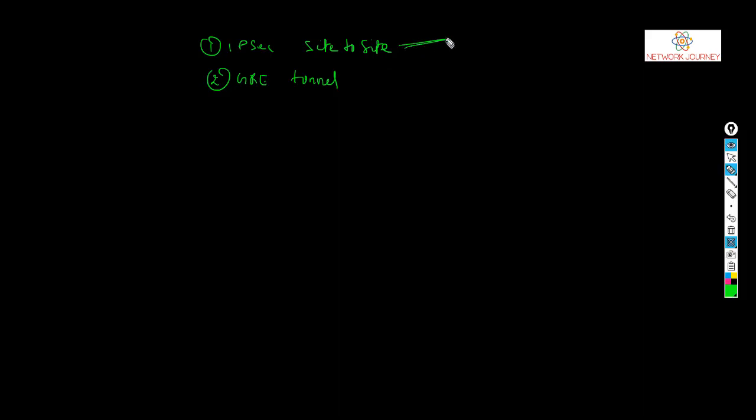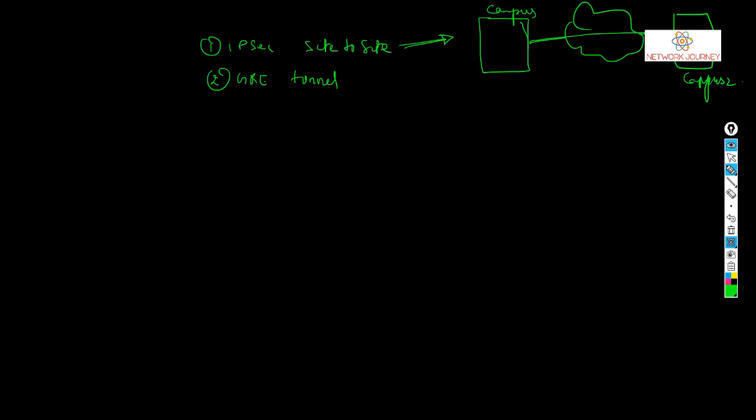So basically, if you want to connect two sites or two data centers or two campuses over the internet, we just make use of a public IP on both sides. So we need a public IP here, we need a public IP over here. We build a secure tunnel over ISAKMP and the IPsec layer.